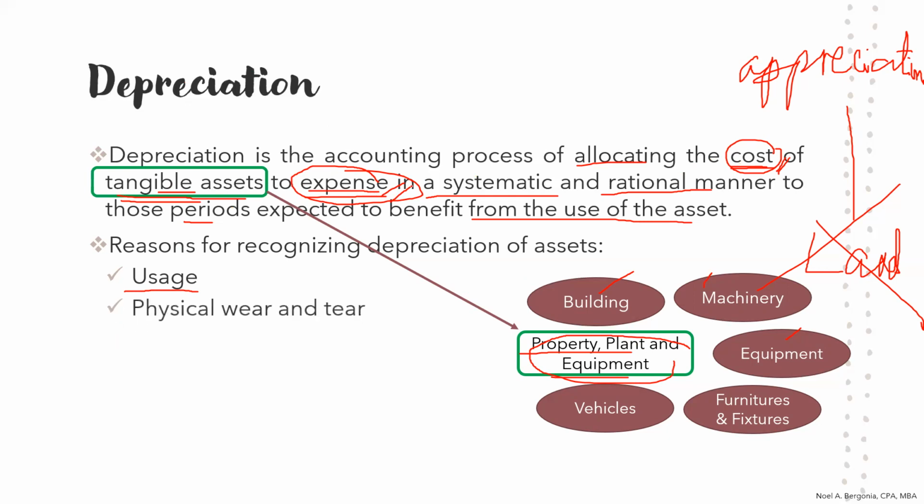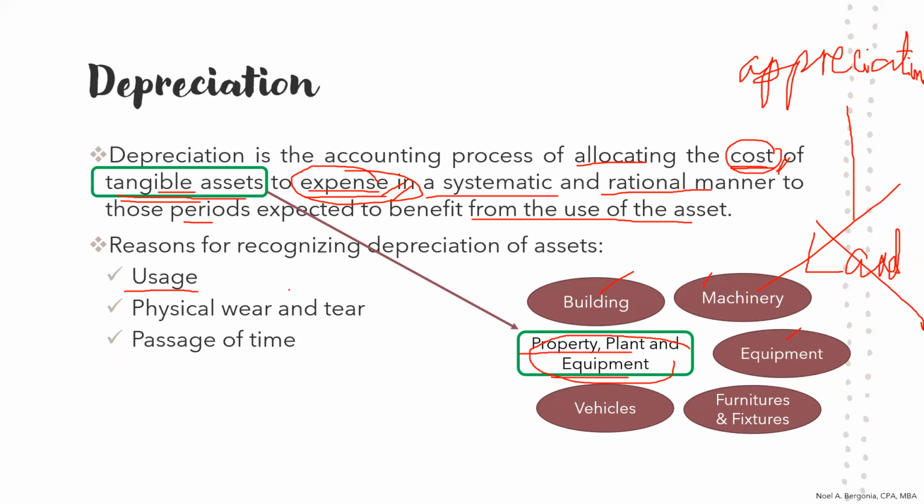Another would be physical wear and tear. So yung tangible assets natin, once we are using it, syempre part of it or all of it is being used. And then syempre, pwedeng nasisira rin, or there is a part of it na sadyang nagkakaroon ng physical wear and tear, then that could be a reason why we are recognizing expense.